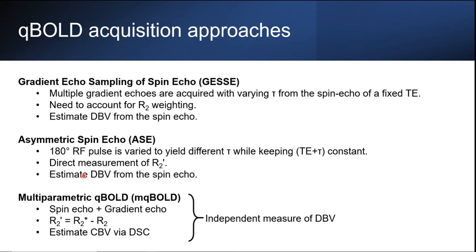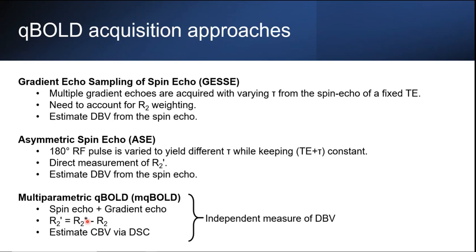This differs in that you use a spin echo sequence to measure the R2 and a gradient echo sequence to measure the R2 star, and then you're able to do a subtraction. But clearly now we don't have these values of the R2 prime weighted signal around the spin echo, and so we're not able to measure DBV in the traditional way.